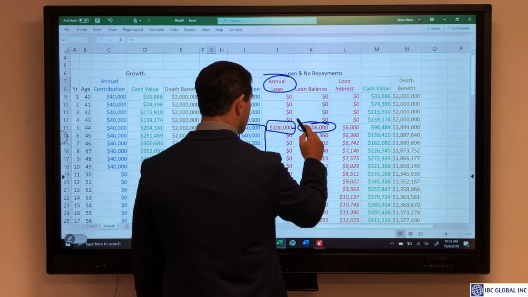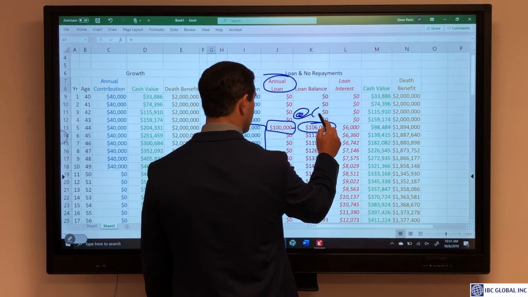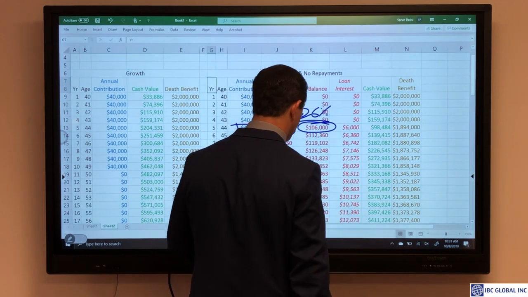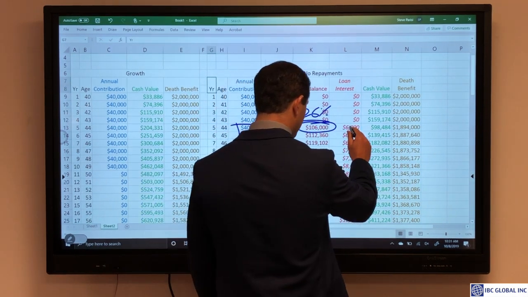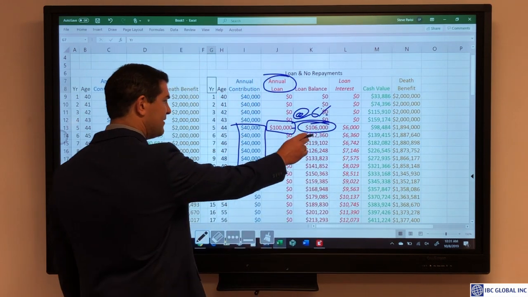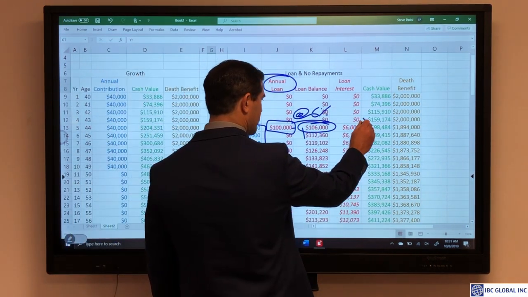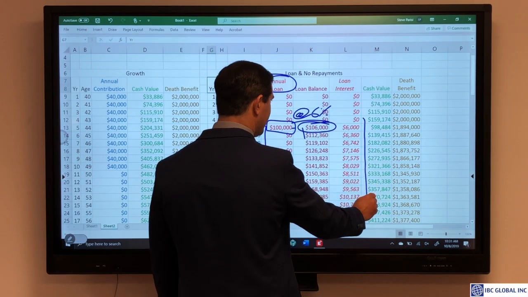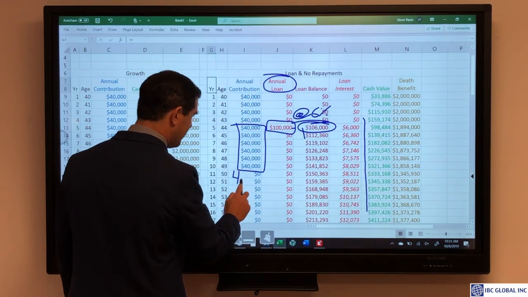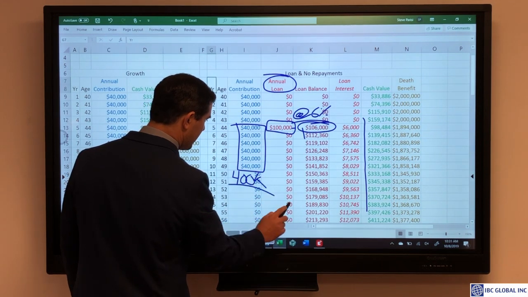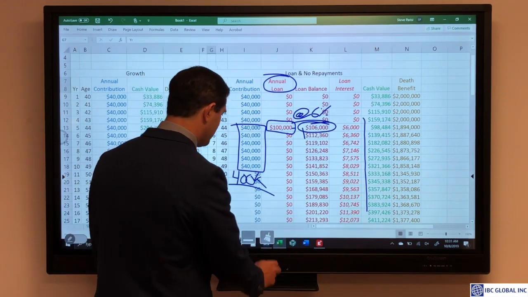So after a full year at 6%, that loan balance grows to 106. There's the loan interest accruing each year. I'm not paying any of this loan interest. Balance keeps accruing. Now I'm still plugging in 40K. I mean, in reality, what happened here is I paid in a total of 400K and I pulled out 100.